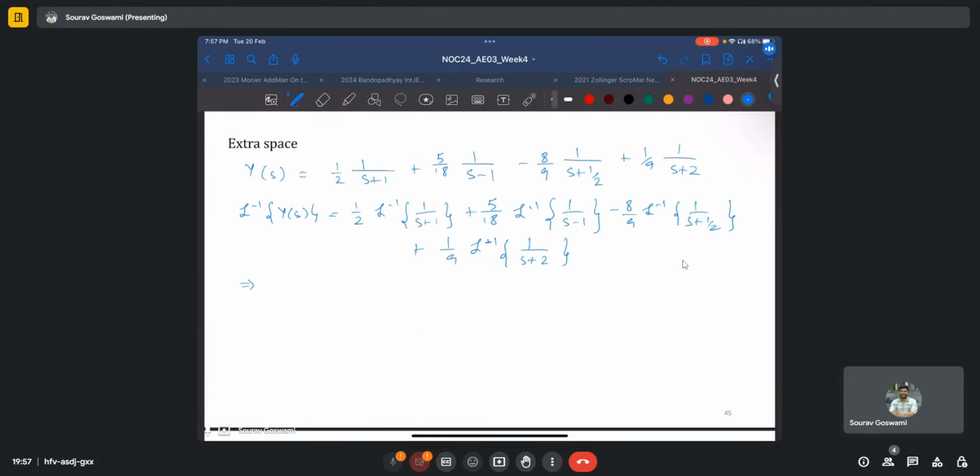And what we end up with is y of t equals half e power minus t plus 5 by 18 times e power t minus 8 by 9 times e power minus t by 2 plus 1 by 9 times e power minus 2t. And this is the solution to the given initial value problem.